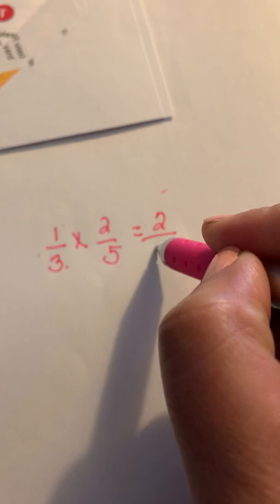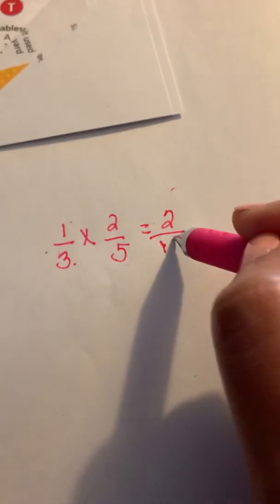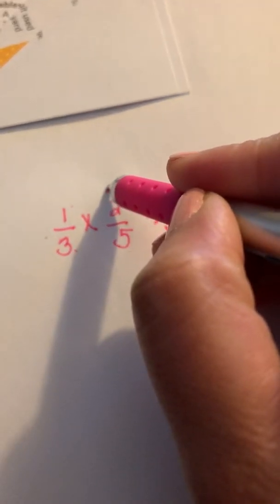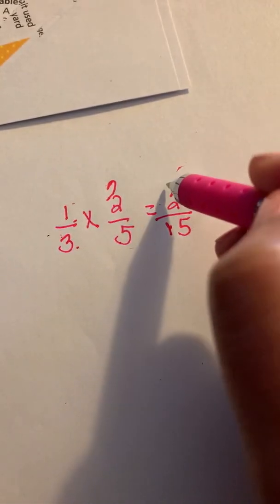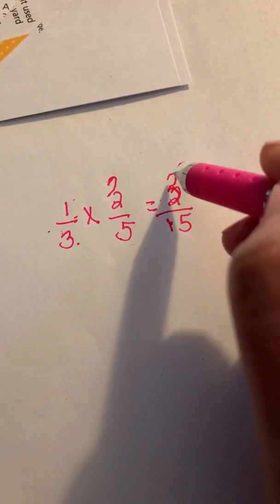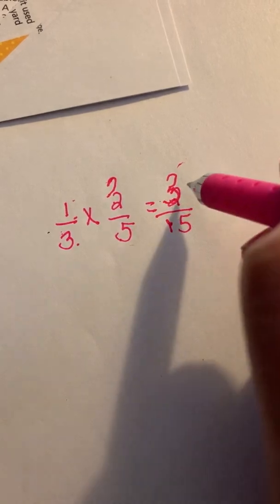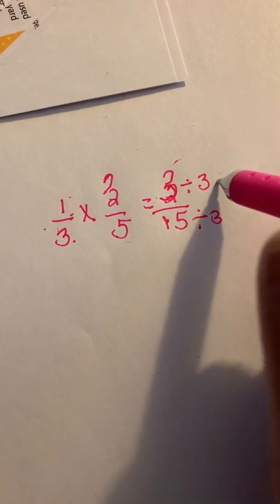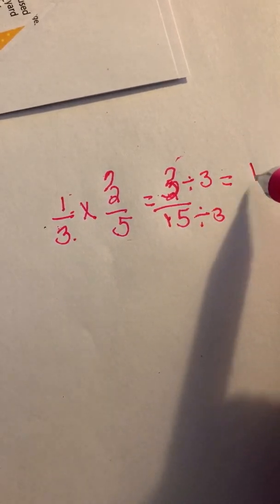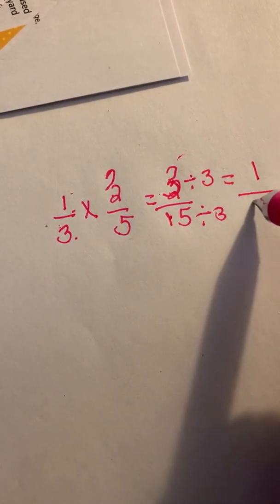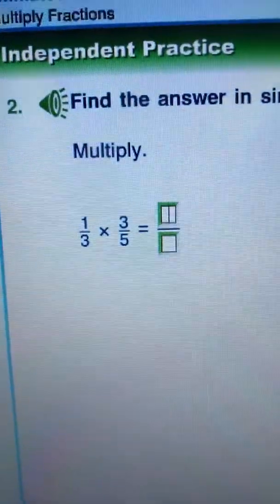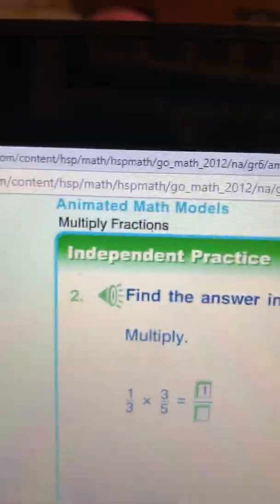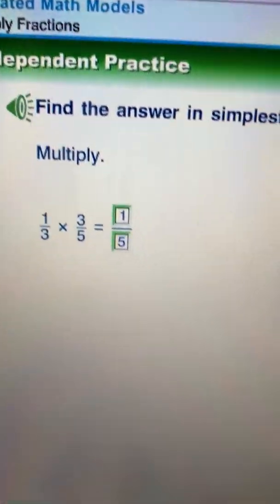Oh, this is the same problem. Sorry, I wrote it incorrectly. This was supposed to be a 3. So it's 1 times 3 is 3. So now we have 3/15, and you can reduce that because they both go into 3. They both can be divided by 3. 3 divided by 3 is 1, and 15 divided by 3 is 5. My answer should be 1/5, and this is what I'm going to write here, 1/5.